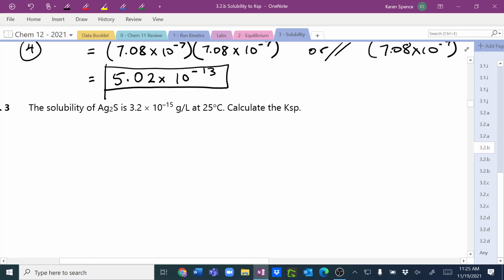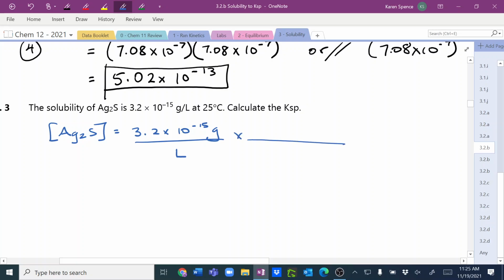So let's see what we've got here. We have the concentration of Ag2S, 3.2 times 10 to the minus 15 grams per liter times, and let's see what we got. 247.9, and that gave us 1.29 times 10 to the minus 17 molar.